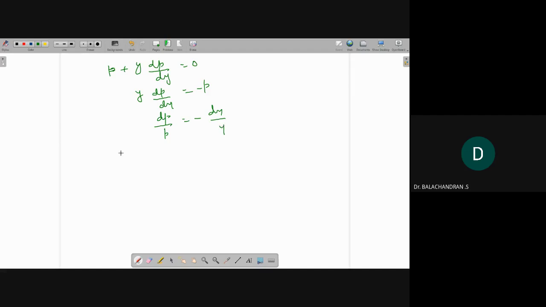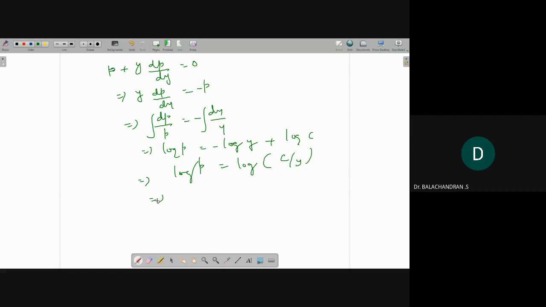If you integrate, you get log p equal to minus log y plus log c. So this implies log p equal to log of c by y, or p equal to c by y.